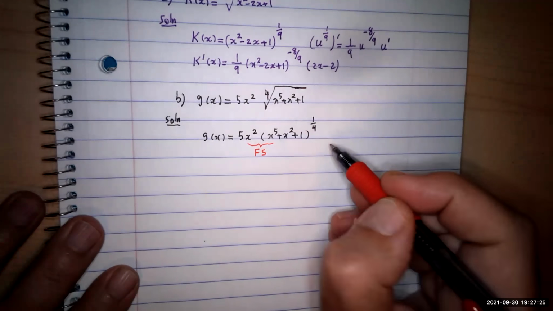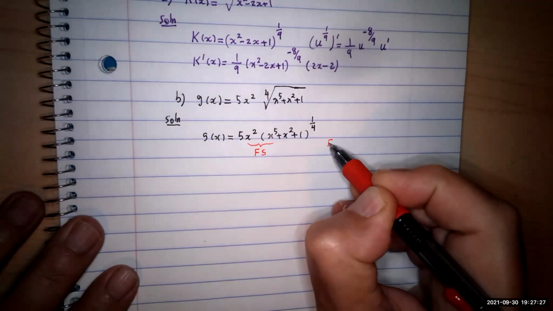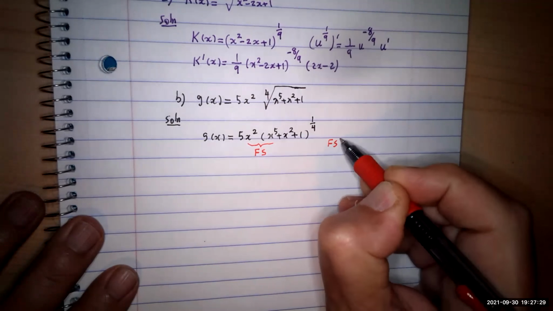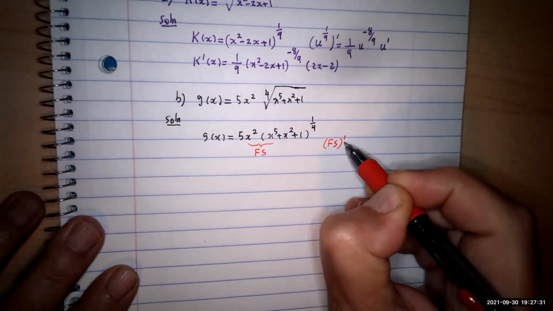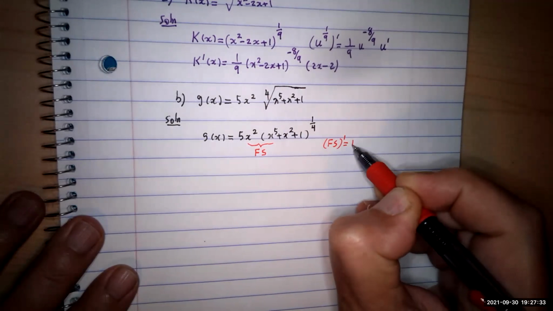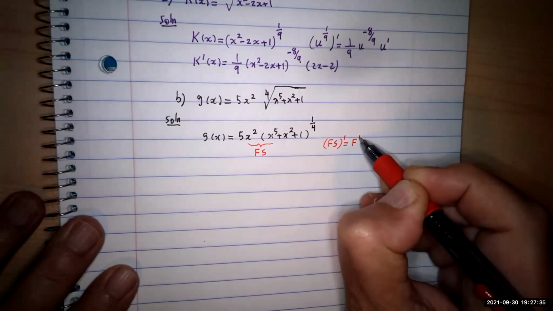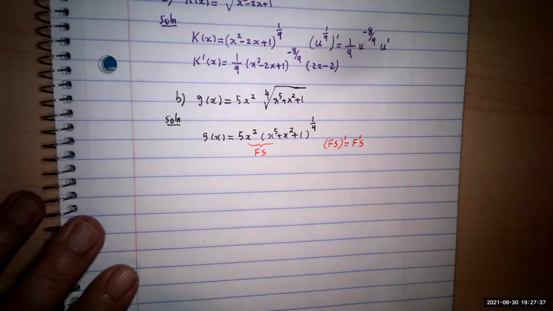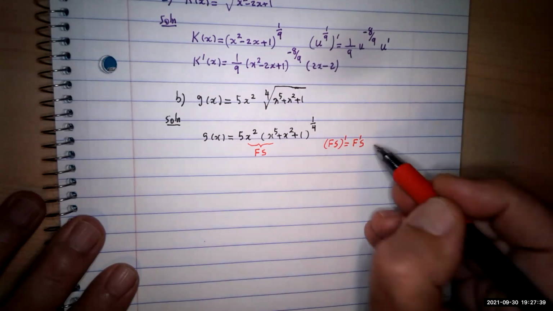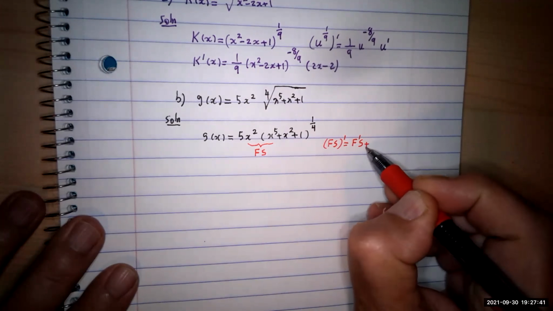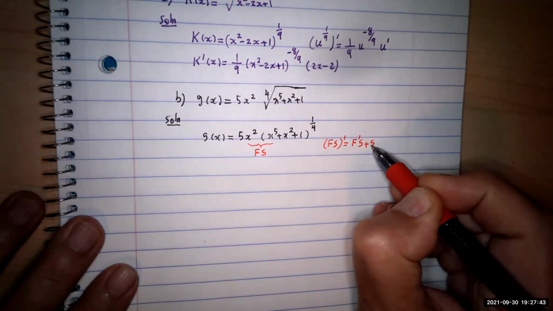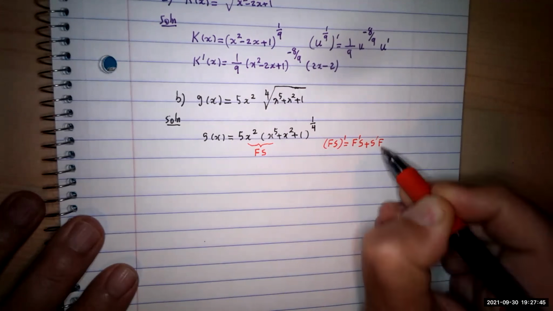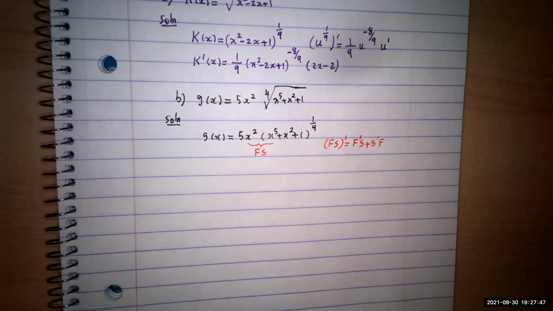So your formula for differentiation is going to be the product rule. Remember the product rule is derivative of the first one, which is f prime, times the second one, which is s, plus derivative of the second one, s prime, times f. So that's the main formula that you have to apply.